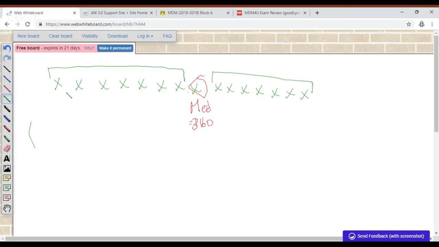In the first half, I have 7 numbers. So again, pretty easy to find the median of 7 numbers. If you count in 1, 2, 3, the fourth, and count backwards 1, 2, 3, the fourth, that's Q1. The same thing here: count in 1, 2, 3, it's the fourth. There's lots of different ways of doing it.